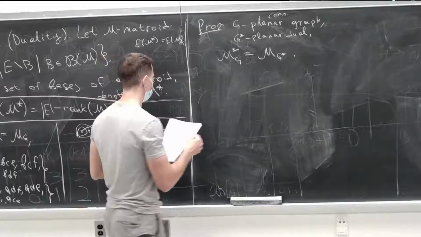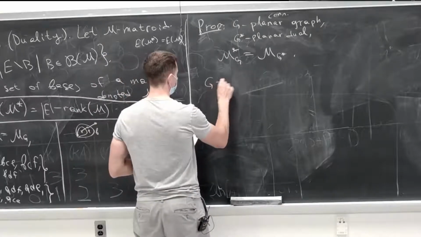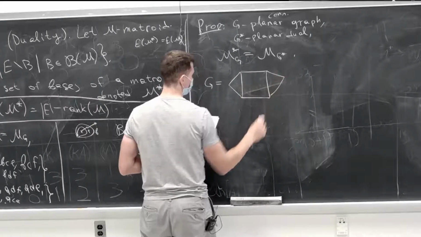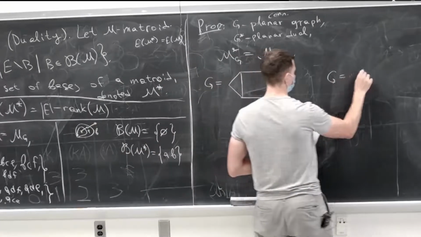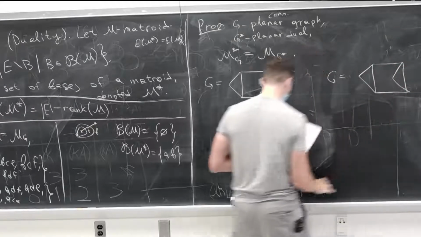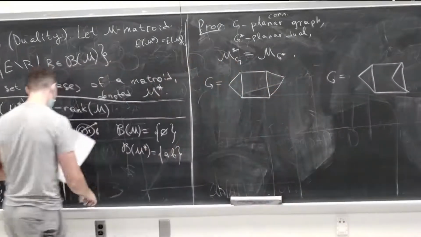And an example here is if G looks like this, or G looks like this, it's the same graph, right?